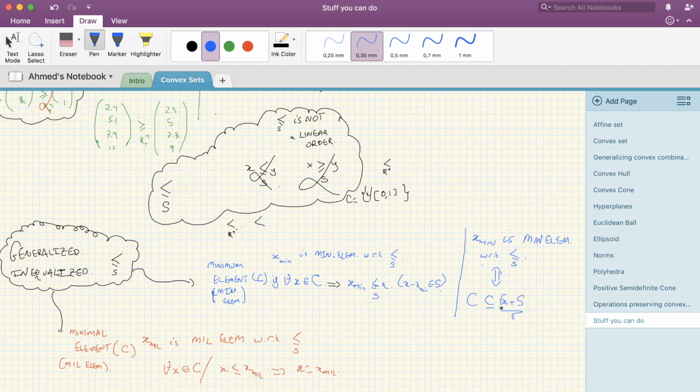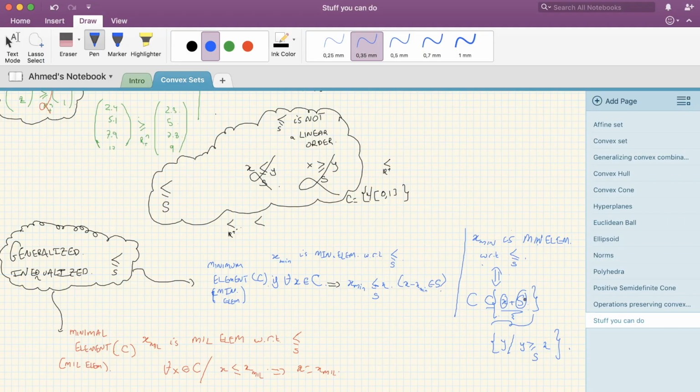Well, this is a set, which means that it is the set of all vectors that are greater than x. Simple as that. So this set is equivalent to saying all y's that are greater than x. Well, if your C is a subset of this set, which are all the elements greater than x with respect to S, then x_min is said to be a minimum element.